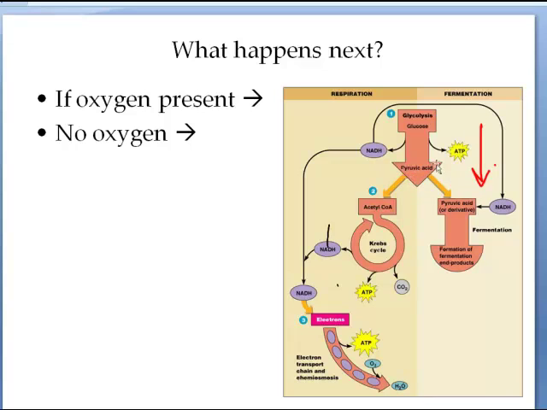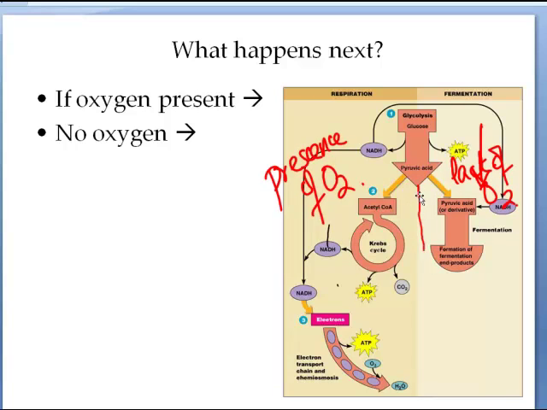So this is lack of oxygen, and this is presence of oxygen. So in the presence of oxygen, you will have one pathway, and notice up here you've got a little dark division, so it divides the pathway in 2 different ways.